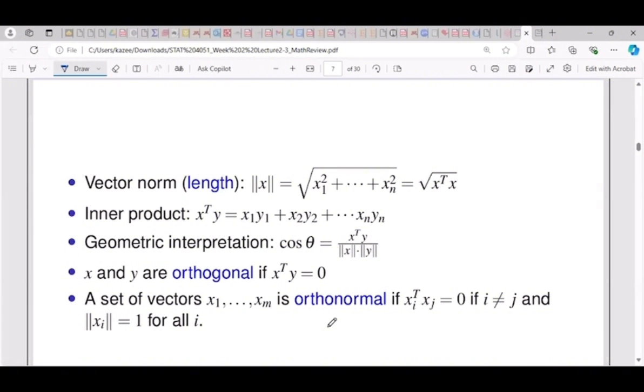When you look at a standard normal distribution, the mean is zero and the variance is 1. That is why, if X transpose Y equals 0 and the norm equals 1, that is synonymous with what we see with the standard normal distribution. So orthonormal as a property is very, very crucial.